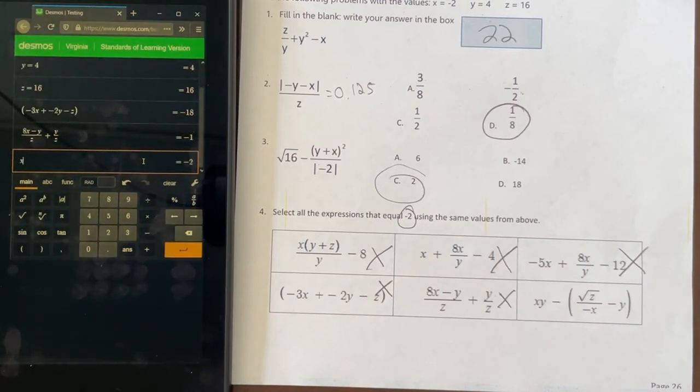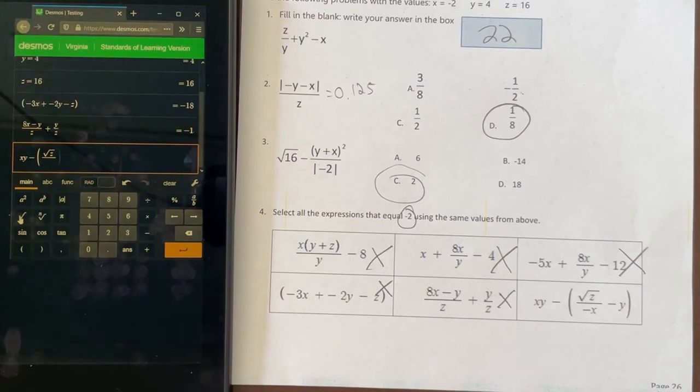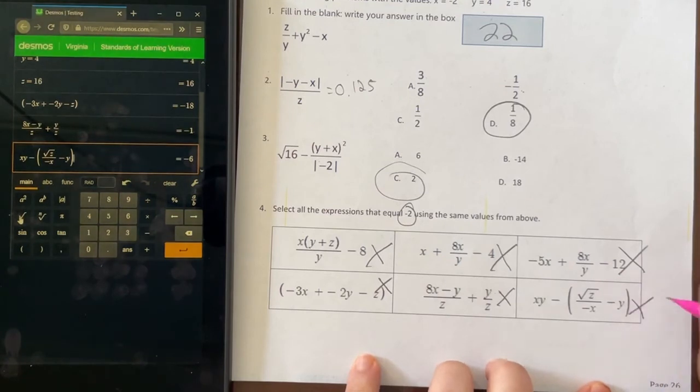What about x times y, and I have minus, and then I have in parentheses, let's do square root of z. I can have divided by negative x, and I subtract y at the very end. That's also not negative 2, so none of these apparently work.